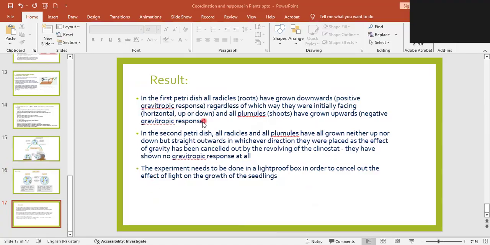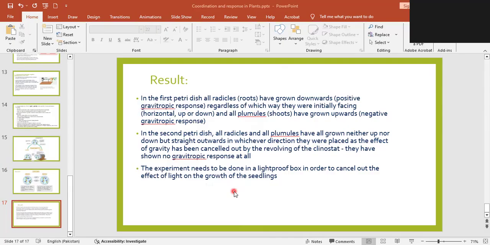Now, the things which we have discussed are written in these two points. The experiment needs to be done in a light-proof box in order to cancel out the effect of light on the growth of the seedling. That's why we would see the effect of the factor. We actually have kept one thing constant.